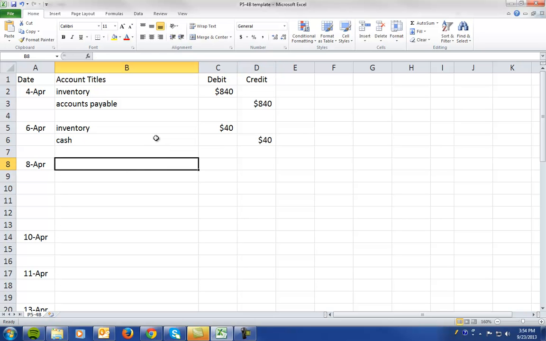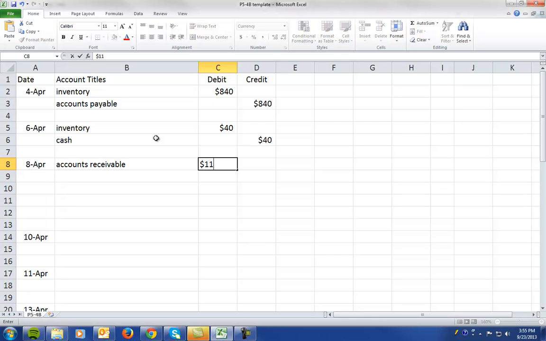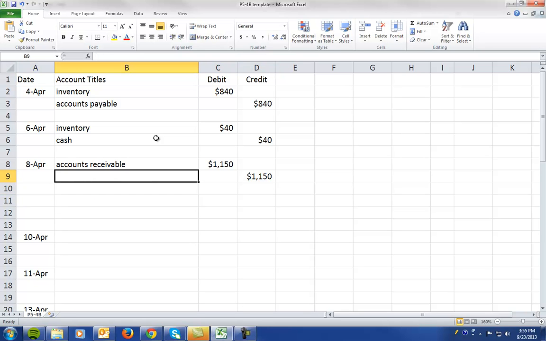On the 8th, it says they sold merchandise to a member for $1,150. Terms are net 30, so there is no discount. And the merchandise sold had a cost of $790. So first, we record the sale. That's a debit to accounts receivable, and we credit revenue.